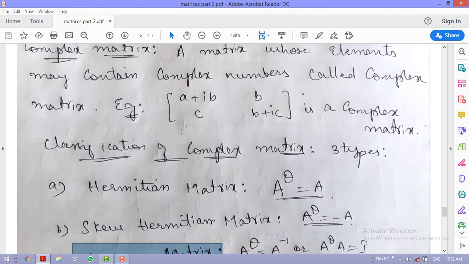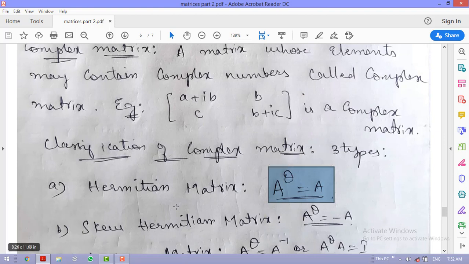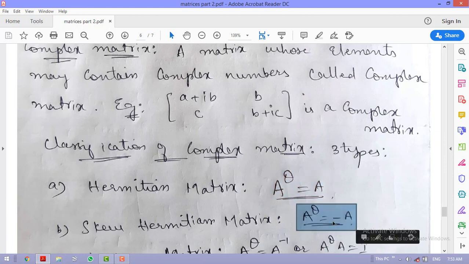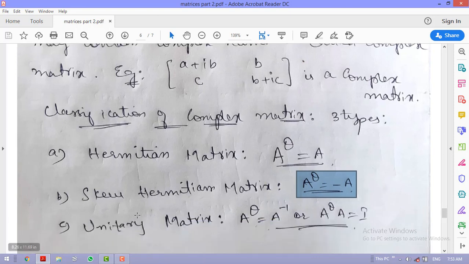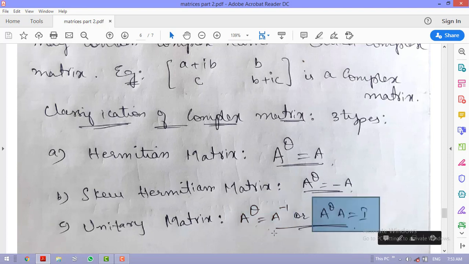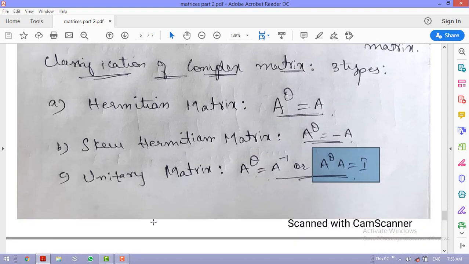A matrix will be Hermitian if and only if A power theta is equal to A. For skew Hermitian, if A power theta is minus A, then that is a skew Hermitian. At last, if A power theta is equal to A inverse, or A theta into A equal to I, then that matrix is a unitary matrix.